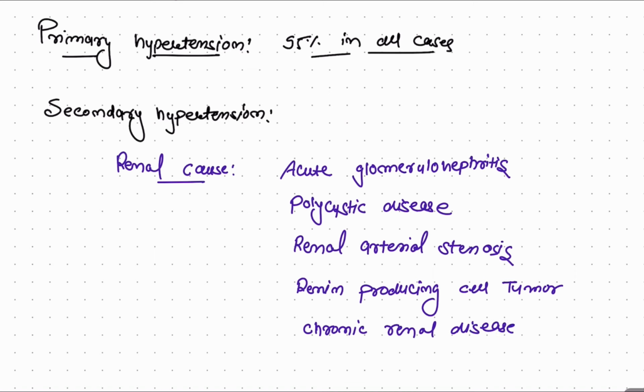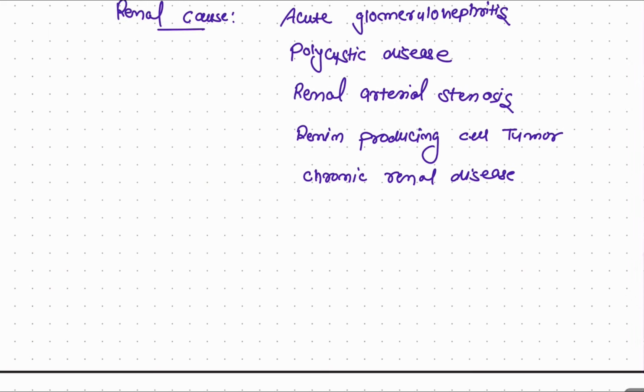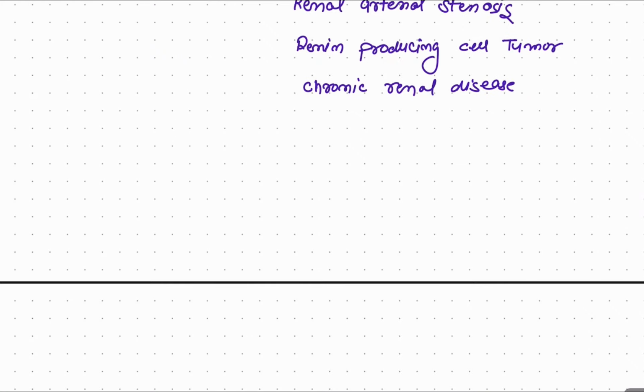Okay, we will discuss how all these renal causes are responsible for hypertension in the pathogenesis portion. Okay, now cardiovascular system diseases.